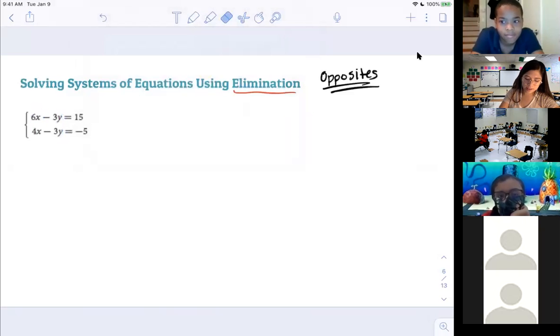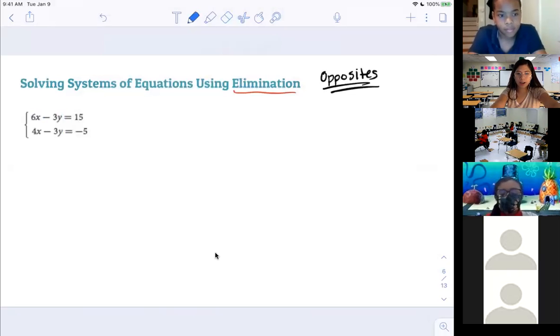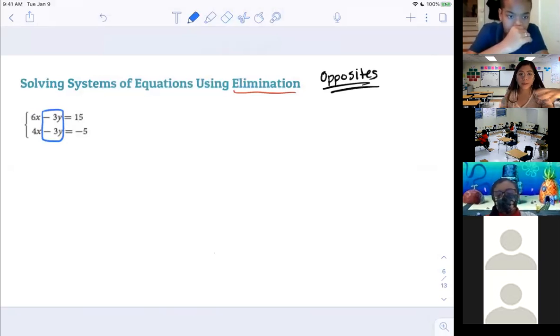So in this case, I notice that I have a negative 3y and a negative 3y on both of them. So I know that since this is negative 3 and this is also negative 3, it's going to be easy for me to make one of those the opposite, because what I want is negative 3 and positive 3. I want one of them to be negative and the other one to be positive.